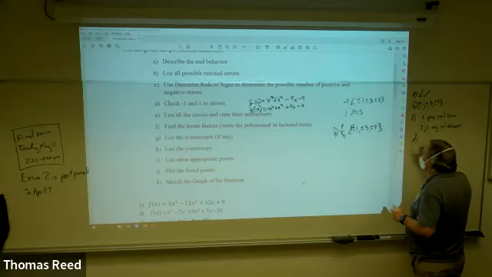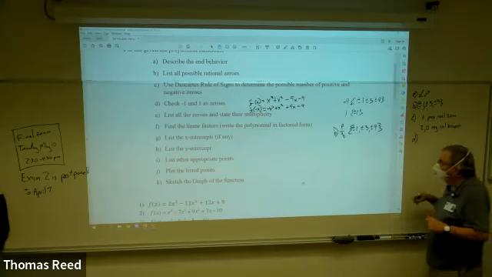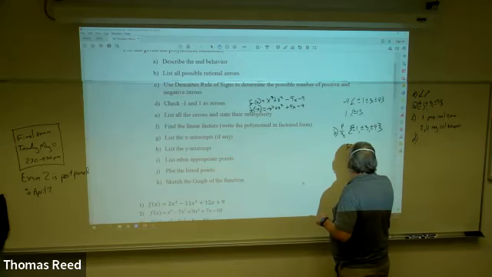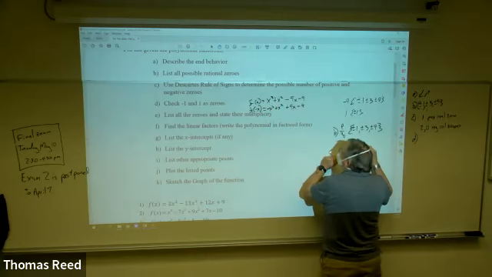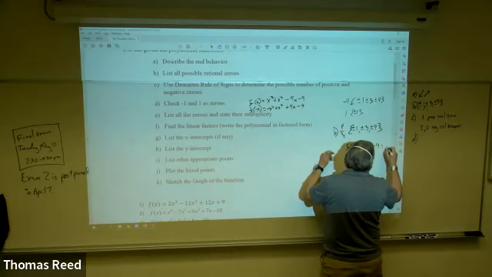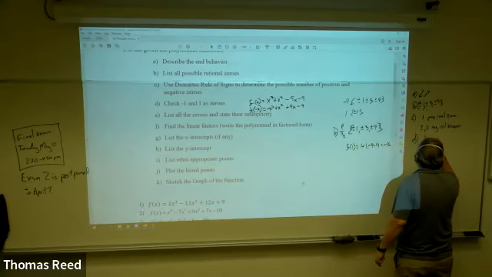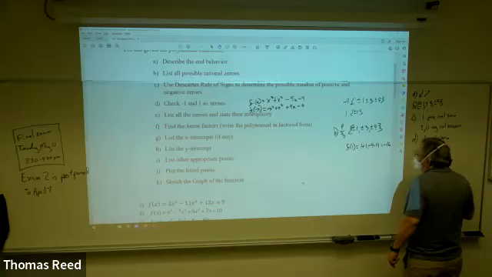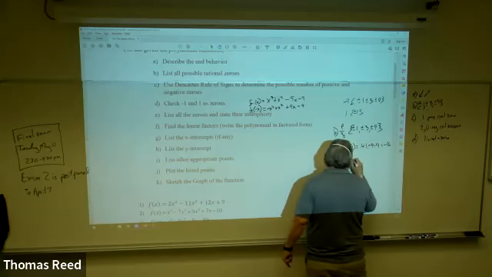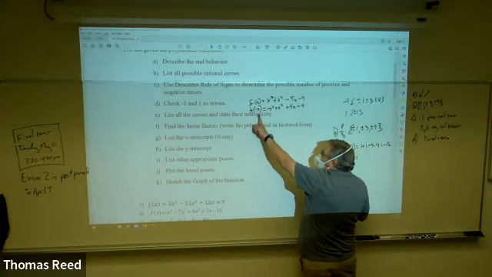So now we move on to letter D, where we find out what f of 1 is. Without just adding the coefficients of the function, 1 plus 1 plus minus 9 minus 5, which is negative 16. So 1 is not a zero. And then we find out what f of negative 1 is, which is just the coefficients of f of negative x.